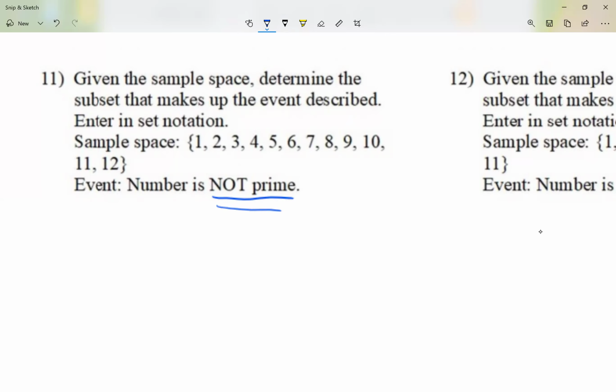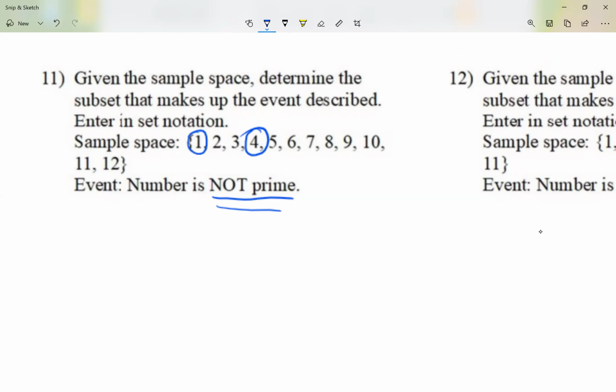1 is not prime. 2 is prime, so I'm not going to circle 2. 3 is prime. 4 is not, right? Because I can divide it by 1 and 4, but I can also divide it by 2. 5 is prime, so I'm not going to circle it.